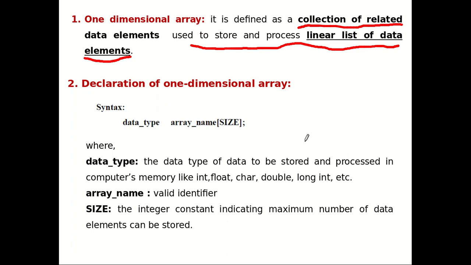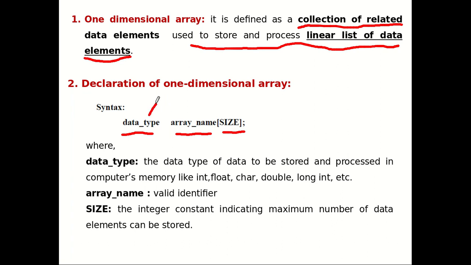For any concept, before using it, we should know its syntax and some rules and regulations: how it is initialized, how it is declared, and so on. A one-dimensional array can be declared using the following syntax: the data type, the array name, the size.